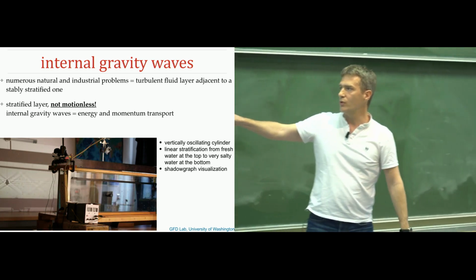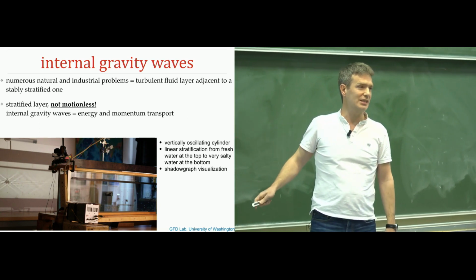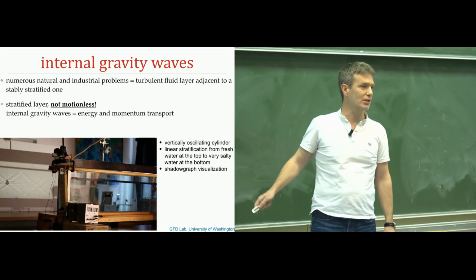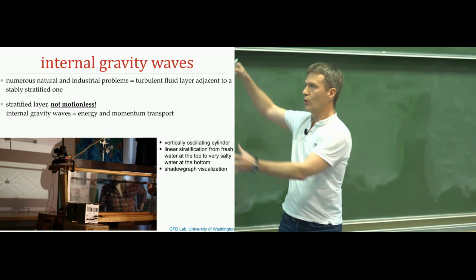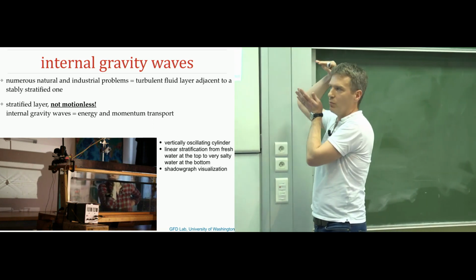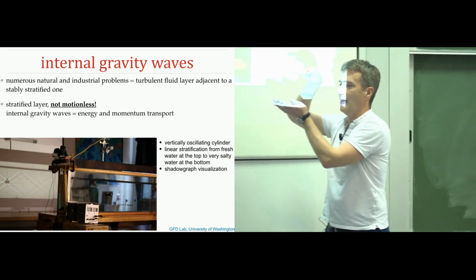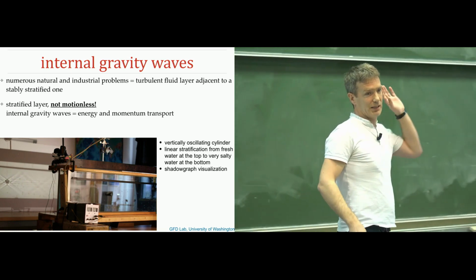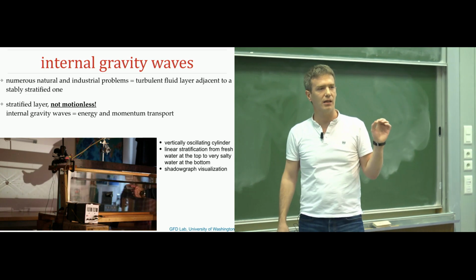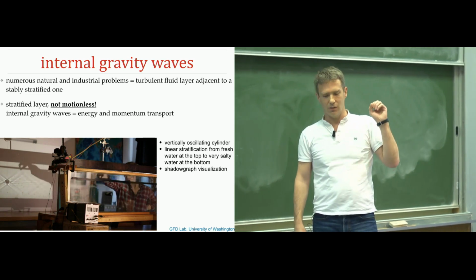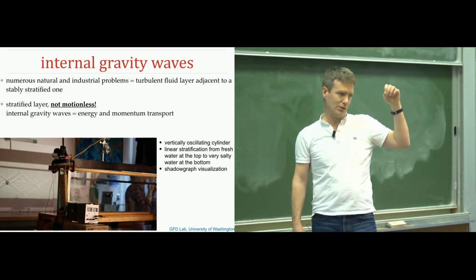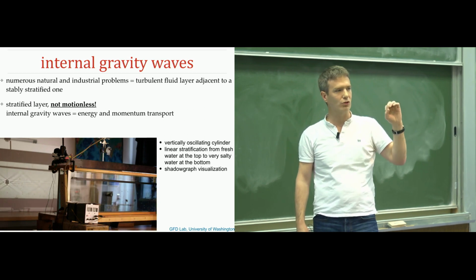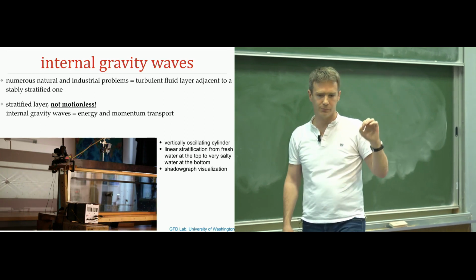And we look at the fluid motion by using shadowgraphy, synthetic Schlieren, meaning that you have a source of light somewhere here that makes parallel light rays like that. And you look at the pattern at the bottom, and what you see are the index of refraction changes due to the salt concentration as a function of time.